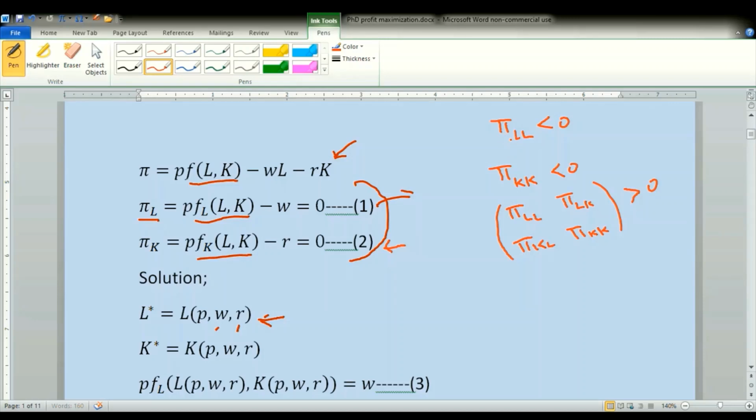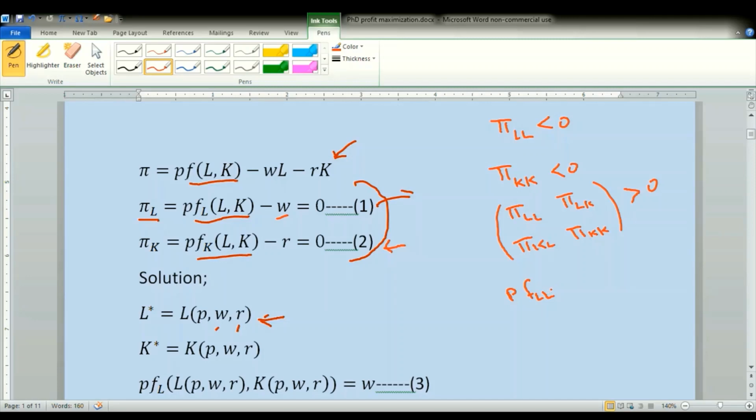A little bit closer look at these conditions. So first take pi LL less than 0. When you take the second derivative of equation 1, this P remains at its place, and then we have FLL, because there is no L in the second term, so this becomes 0.